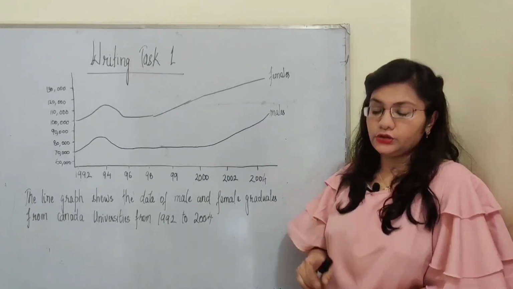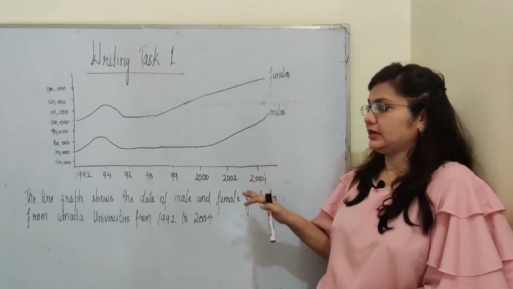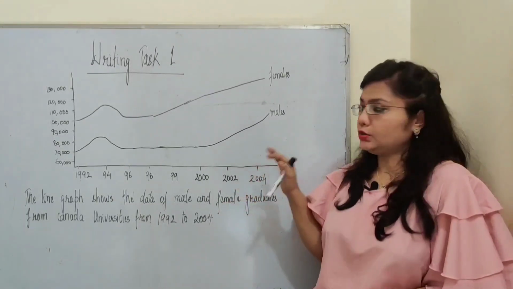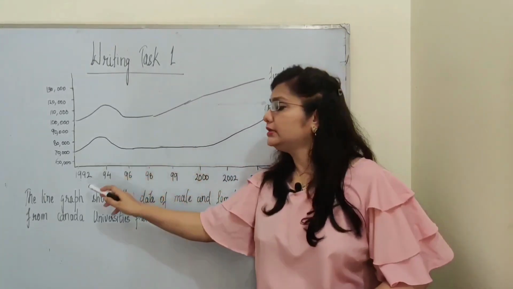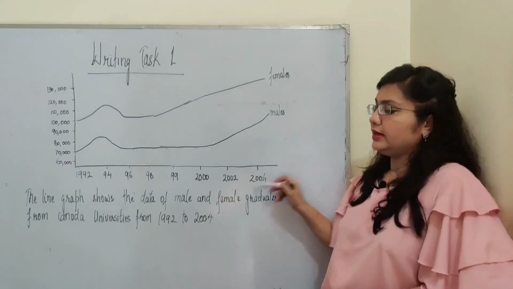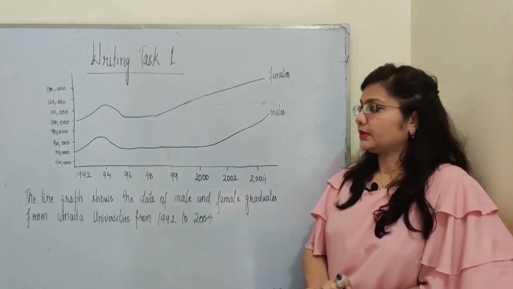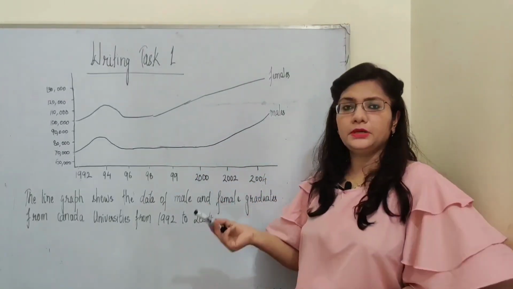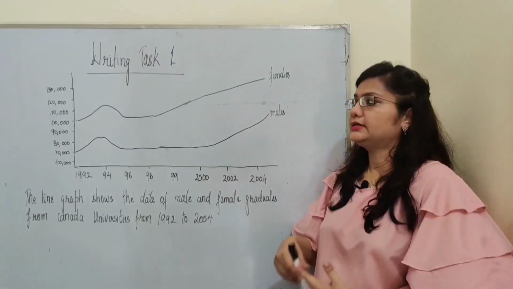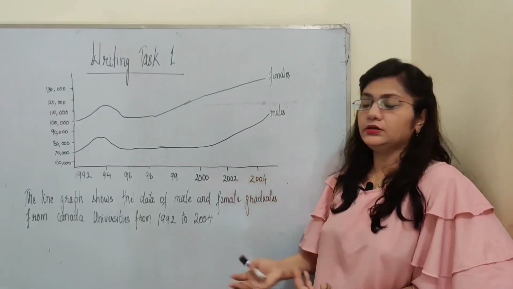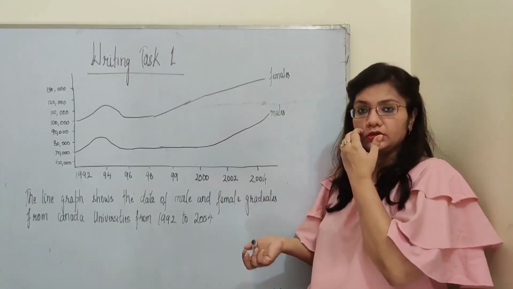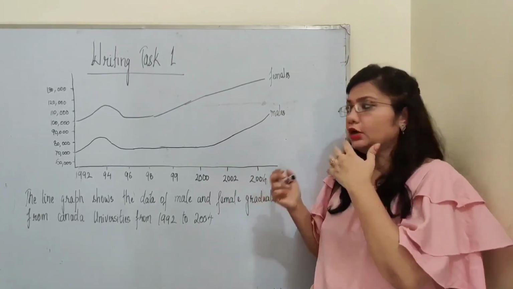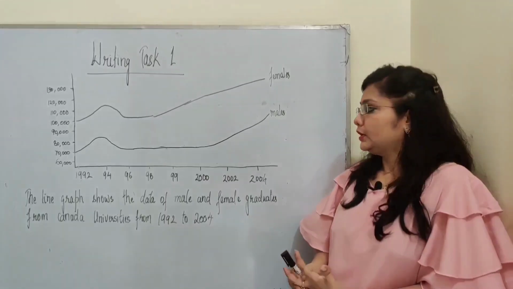That means you should know this data is given to us in the form of line graph as well as the years which are mentioned over here along with the numbers. Sometime it can be in the percentage, sometime it can be in the terms of dollars or pounds or anything. It can be in the terms of like hours. The data can be given to you in the form of hours as well.